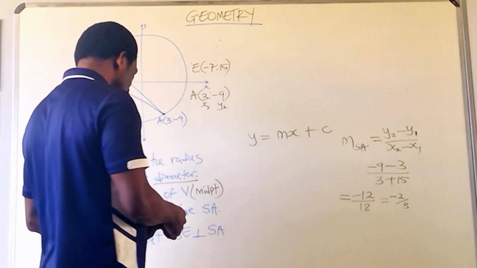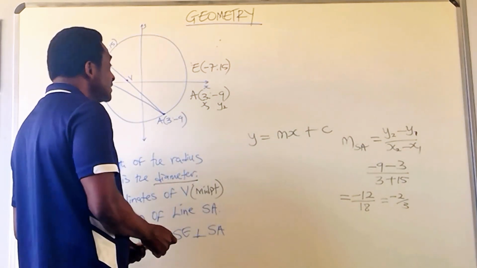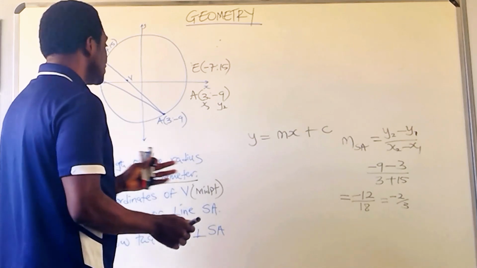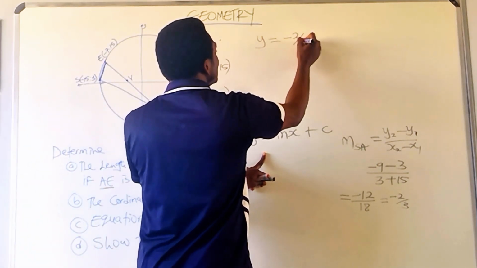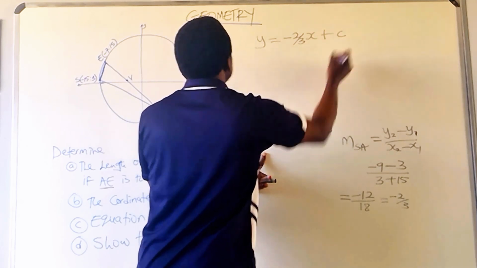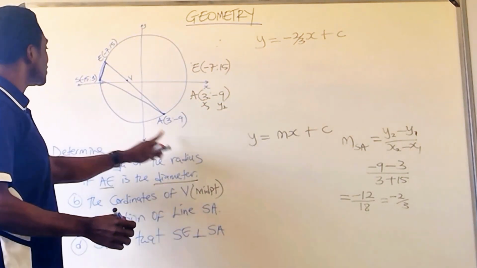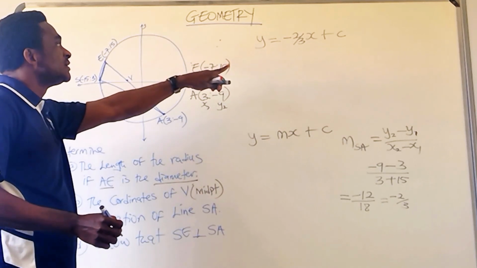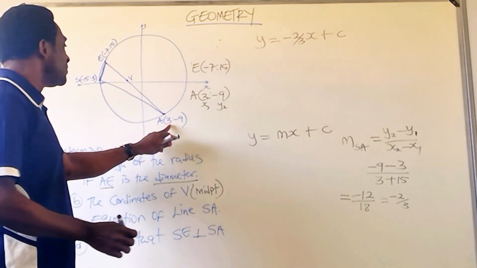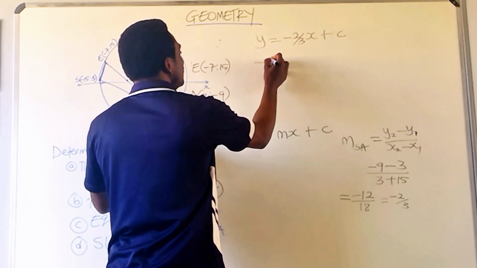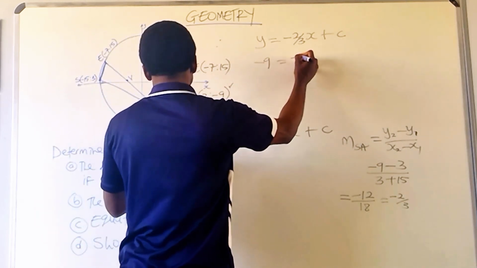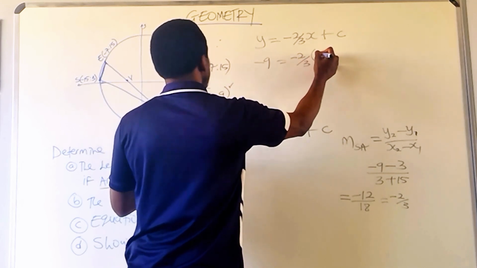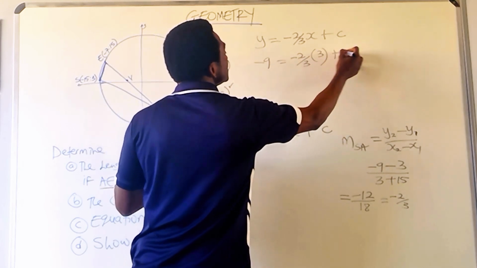Now let's look at this. Going forward, if that is our gradient, we can use this formula. We plug in negative 2 over 3x plus c. Now we choose any of the coordinates on the line and sub in to get our c. We sub in negative 9 for y, and we sub in 3 for x.